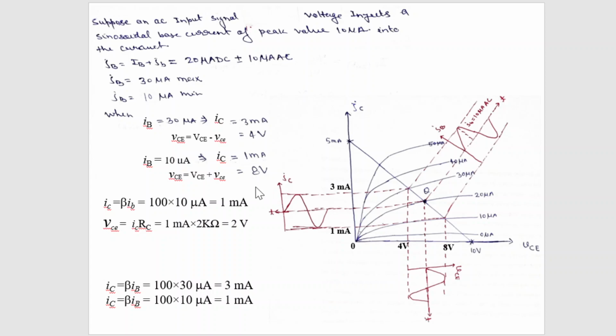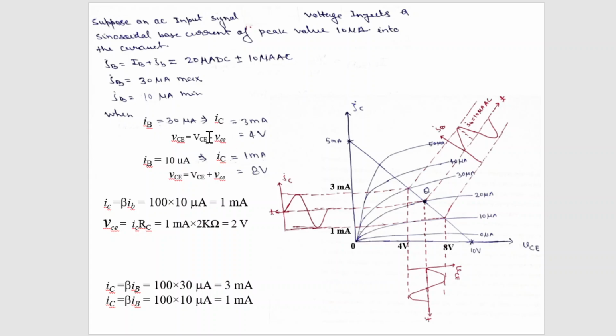And corresponding to this, how much collector emitter voltage drop is there when we have applied the input AC signal along with the DC biasing? So this small vCE can be written as capital VCE plus or minus small vce. When the collector current is maximum, this voltage drop will be minimum.